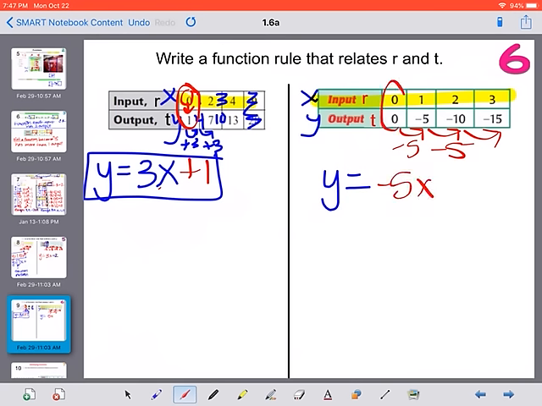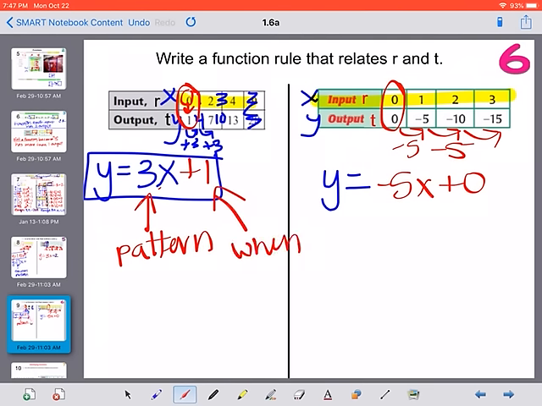And then looking when x is 0, y is also 0. If you want to put plus 0, you can. You don't need to. Alright? So basically, this number out front is our pattern. And the number on the end is what is y when x is 0.